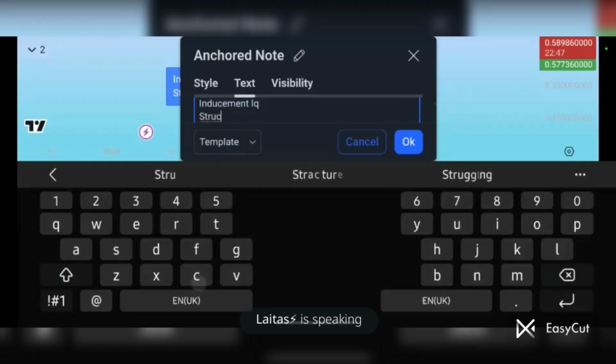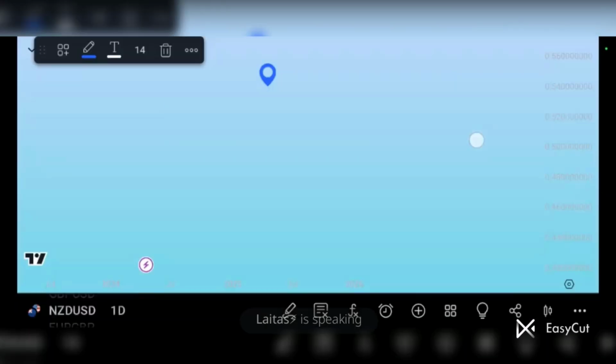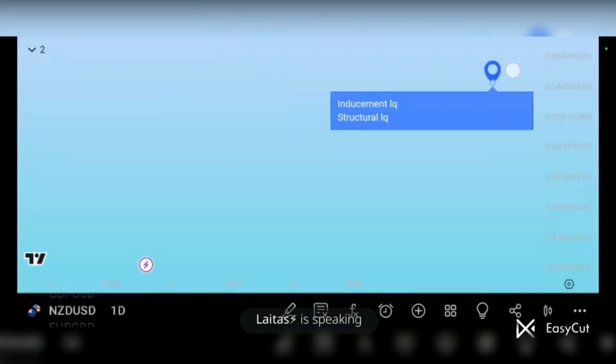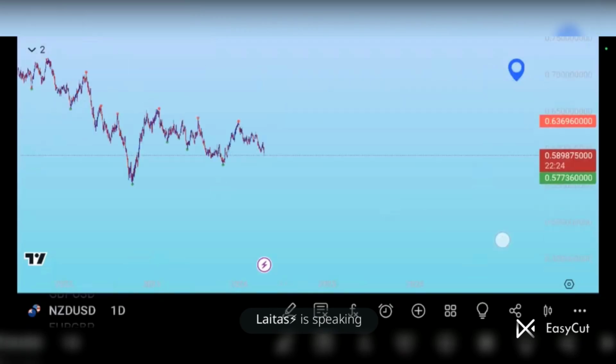I think these are the two major liquidities we have. It's either we have inducements or we have structural liquidity. So these are the two types of liquidity we'll be looking for in this chart.